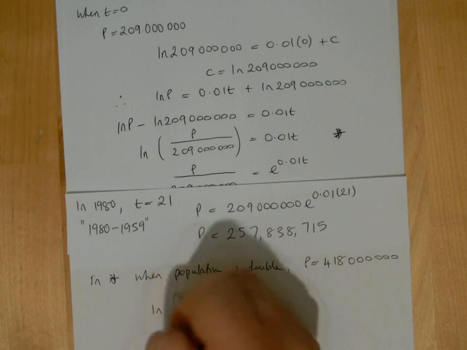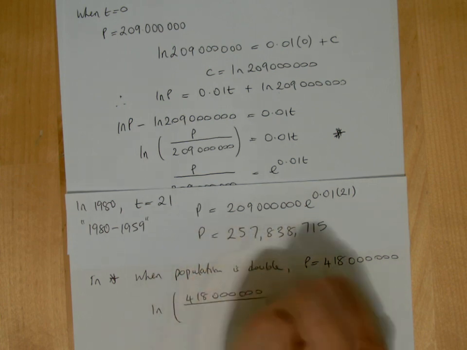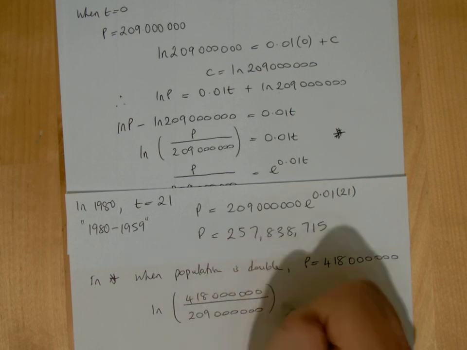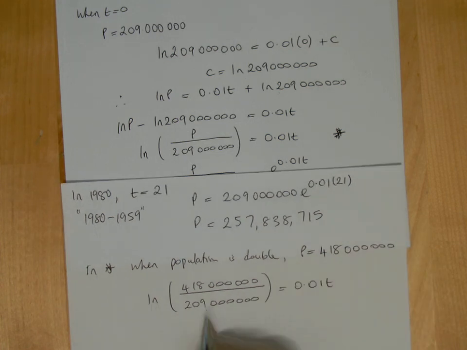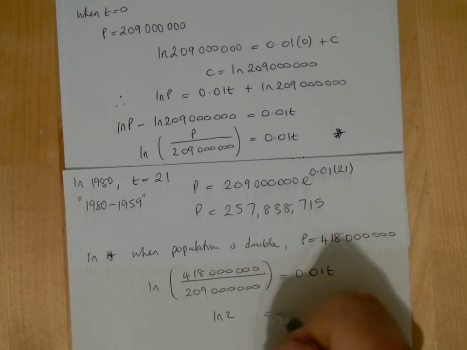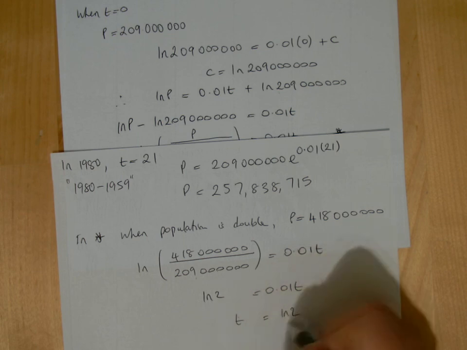So ln 418 million divided by 209 million equals 0.01t. Now 418 million divided by 209 million is just 2, isn't it? So that'll be ln 2 is 0.01t. So therefore t will equal ln 2 divided by 0.01.